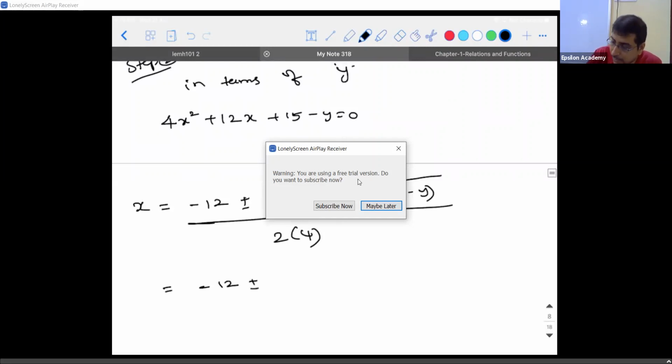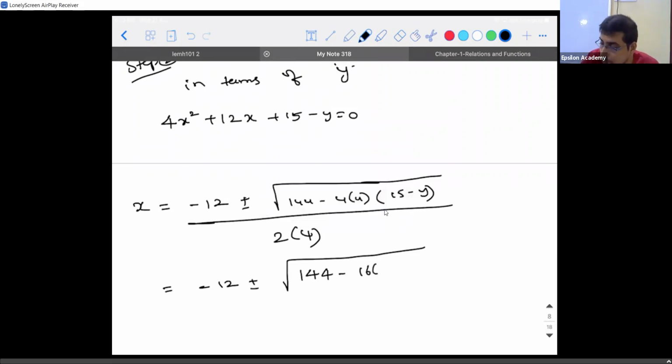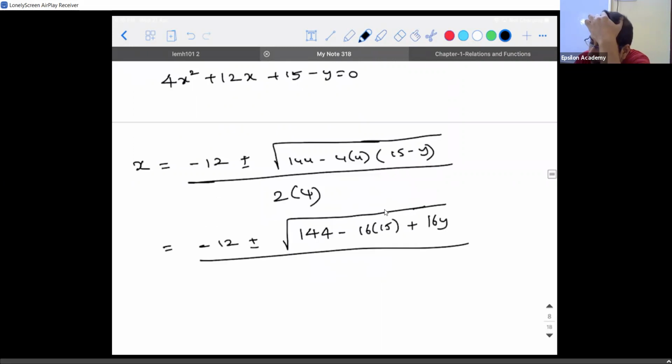Minus 12 plus or minus root of 144 minus 16 into 15. How much is it? 16 into 15 plus 16y, the whole divided by 8.